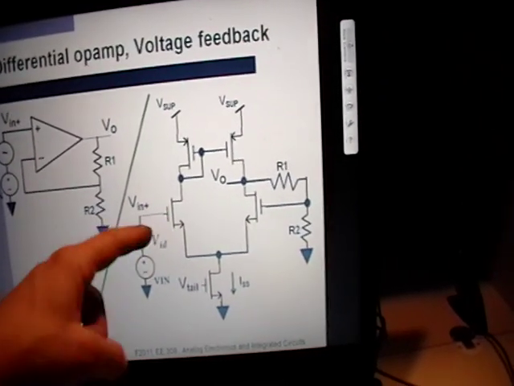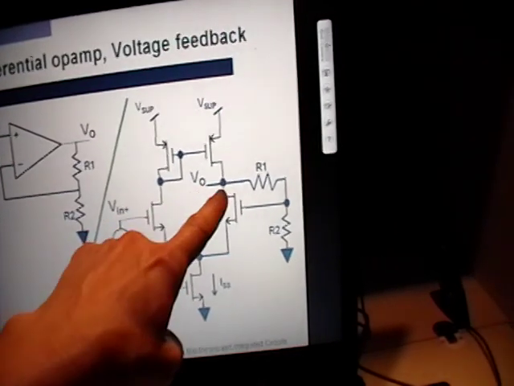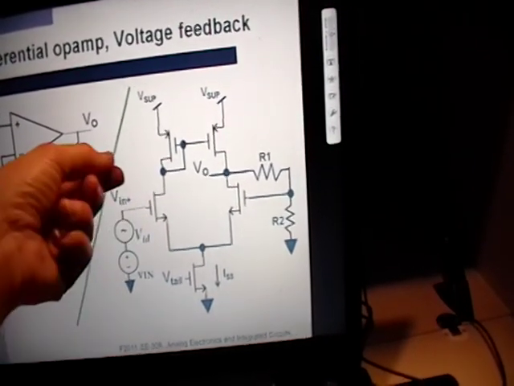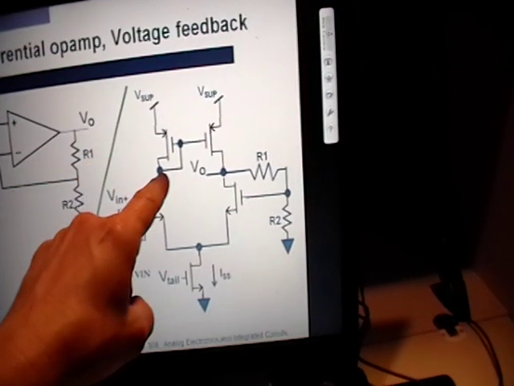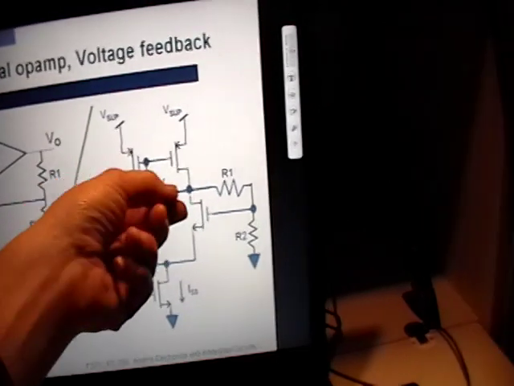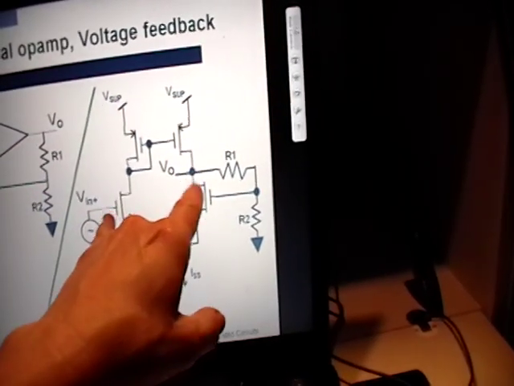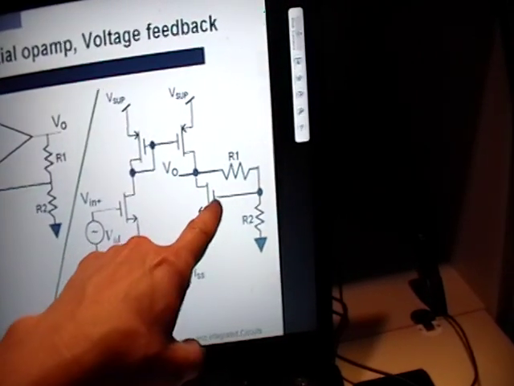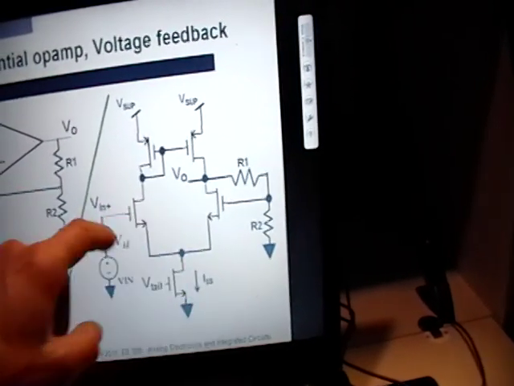If this is the plus input, then this is going to be the plus output. The way you figure that out is if you move this up, does this terminal go up or down? If this terminal goes up, that means this is the plus input and plus output. They go in the same direction. So this makes this the minus input.